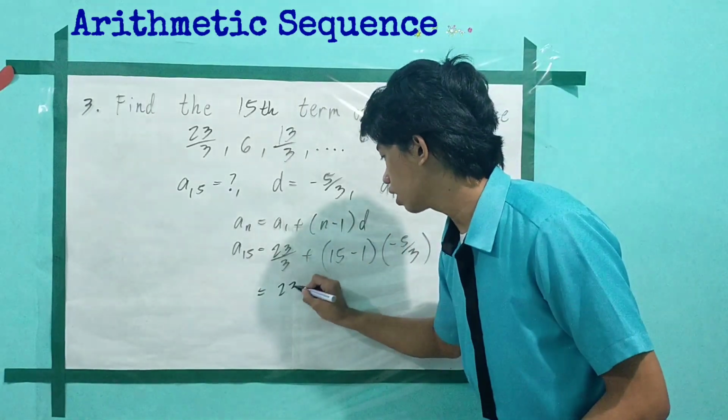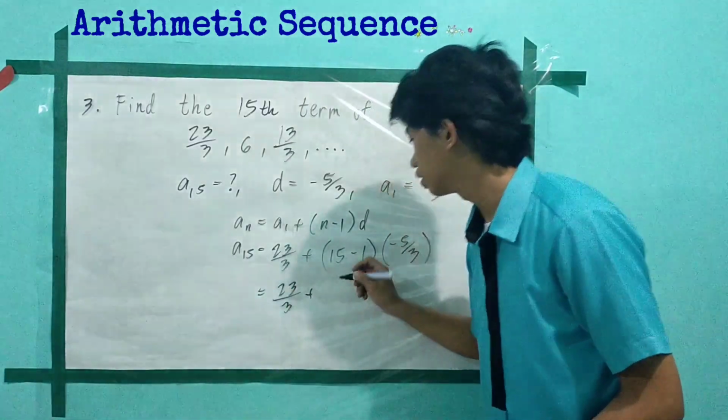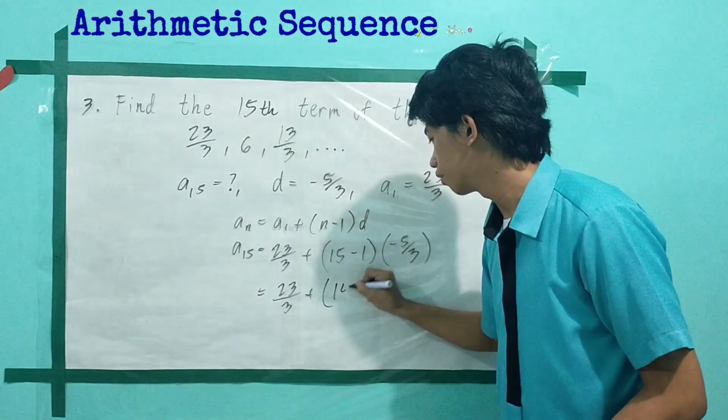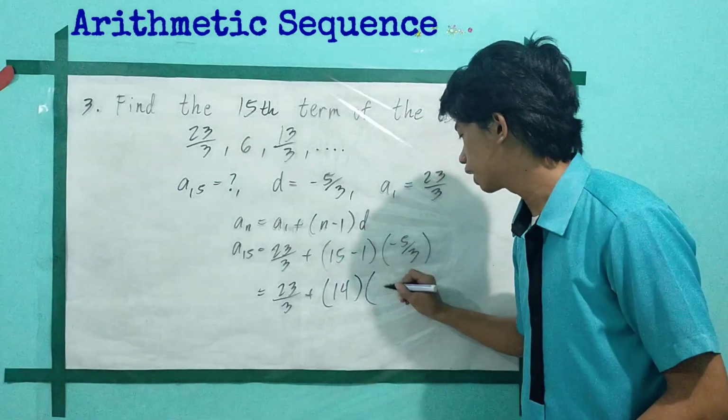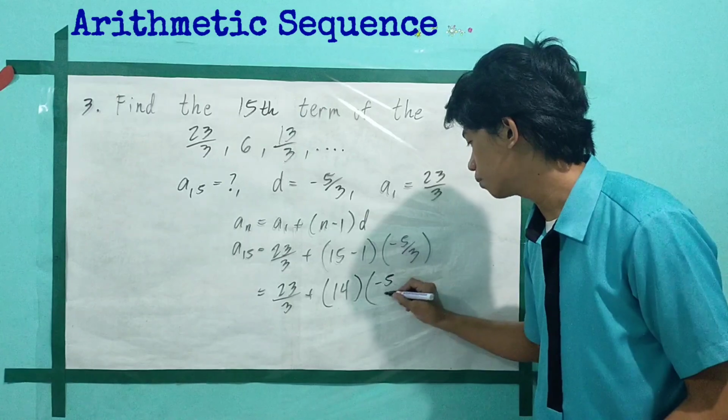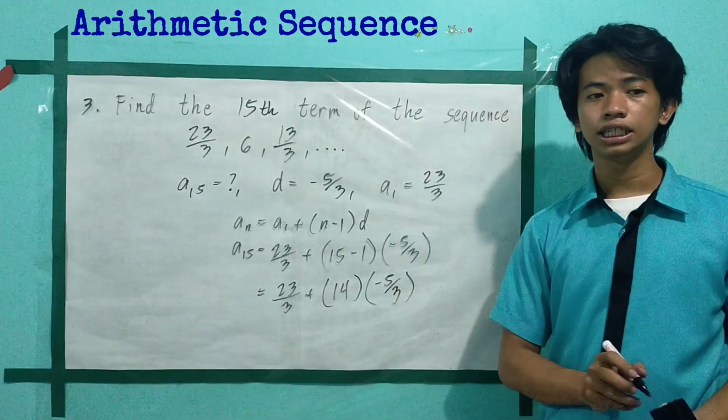Next, 23 over 3 plus 15 less 1, we have 14. Multiply to the common difference, negative 5 over 3.